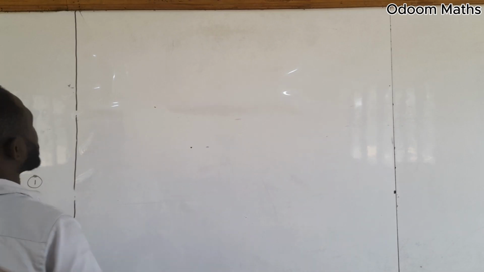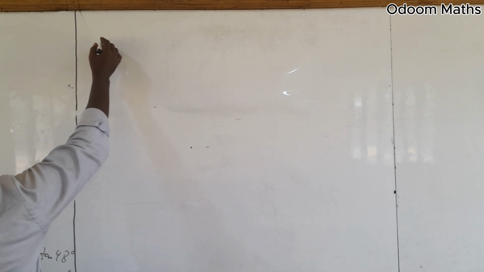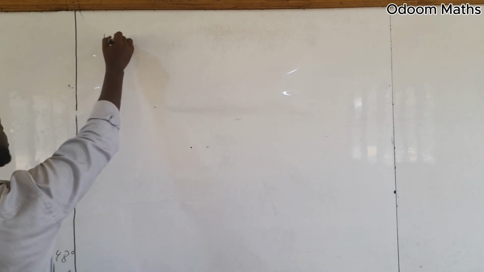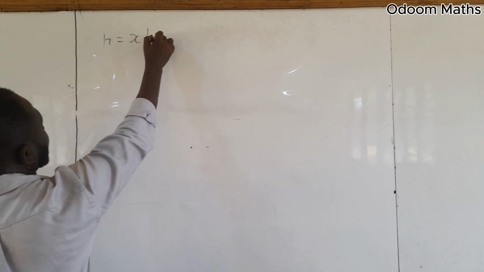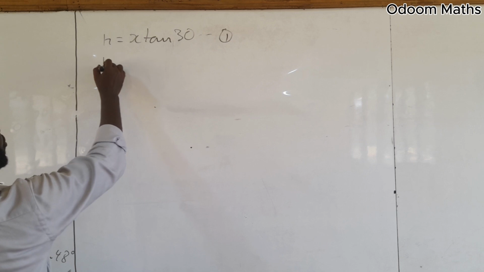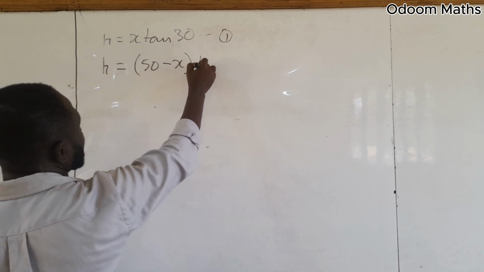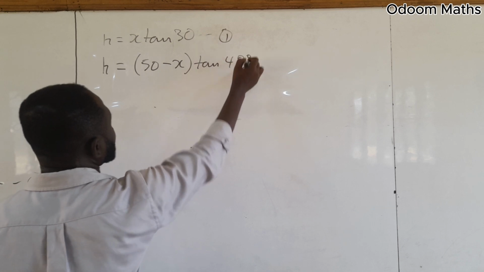Let me rewrite equation 1: H equals X tan 30, and equation 2 is H equals (50 minus X) tan 48 degrees.